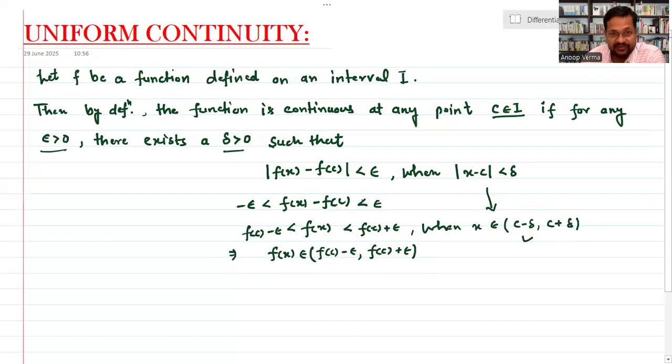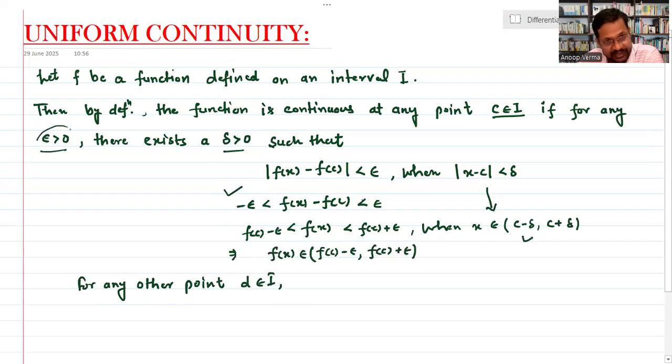Okay. So here, if we are choosing any other point, this was the definition for continuity at point c. For any other point, suppose a point d in R, for this same epsilon, whatever we are choosing, we will be able to find a delta, but it is not necessarily equal to the delta in the previous one.